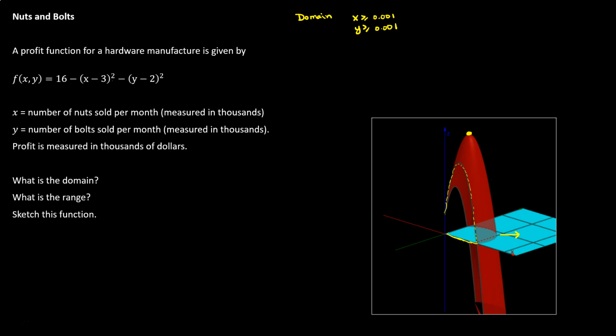So let's take a look at our function. If I let x and y get very, very big, meaning I'm picking points that are very large in x, very large in y, that function output almost looks like 16 minus infinity. So we know that the smallest values of this function would be negative infinity.